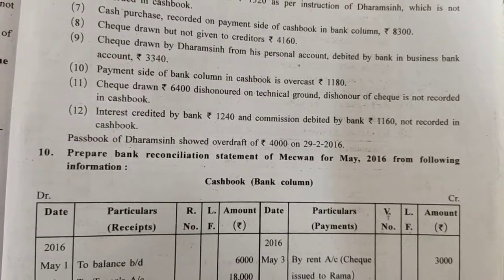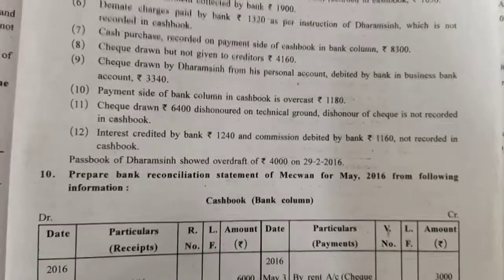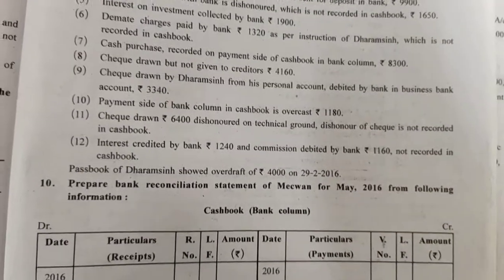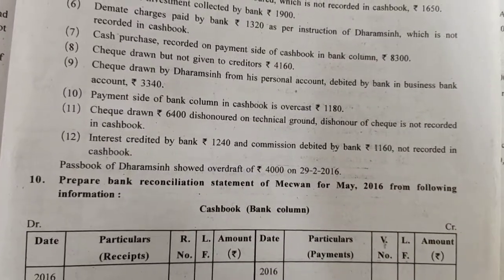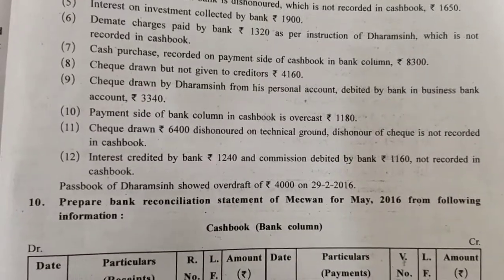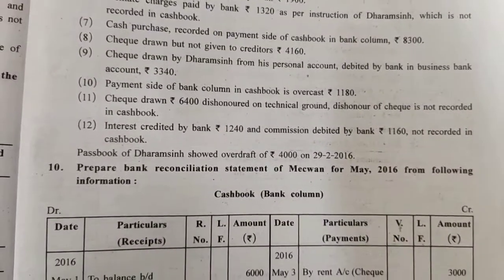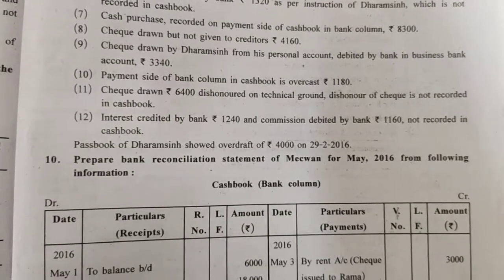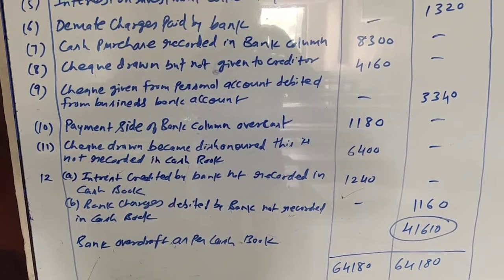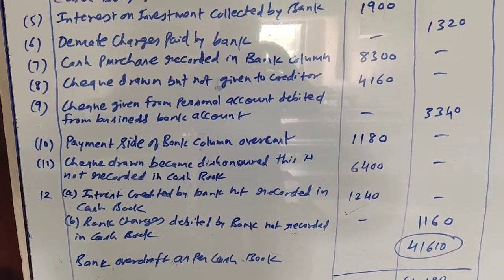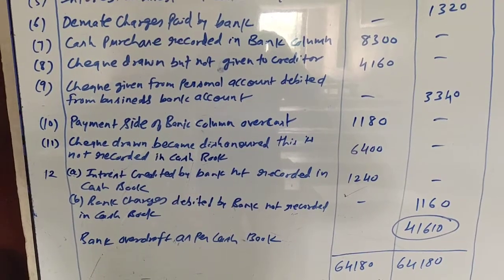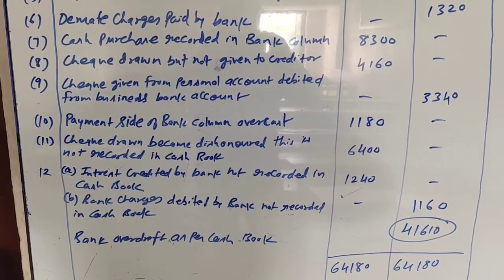So they have not paid the amount to the holder of check, right? That means when we have issued a check, we must have credited this, and the same is not debited in our passbook. So we will be debiting this in our BRS. So here it is. Check drawn become dishonor. This is not recorded in cash book, so we will be recording at the debit side of BRS, rupees 6400.